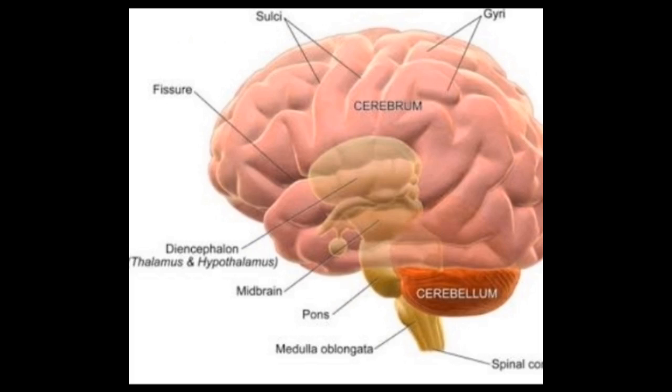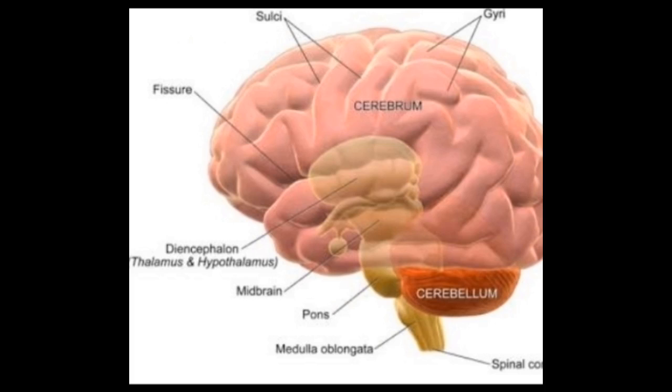The cerebrum is highly convoluted in appearance, with ridges and grooves. You can see mountain and valley like structures, ridges and grooves. The ridges of the convolution, meaning the mountain, the peak region, are known as gyrus, or gyri in plural.